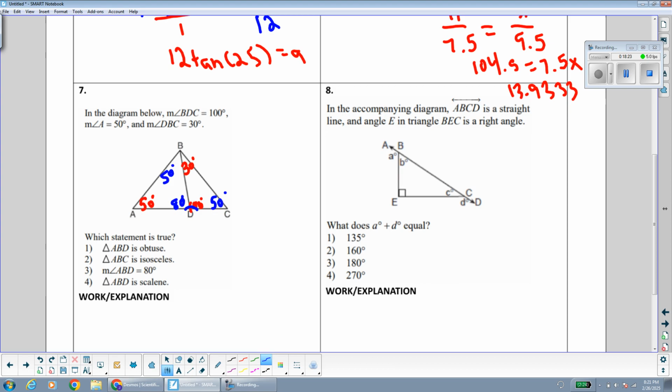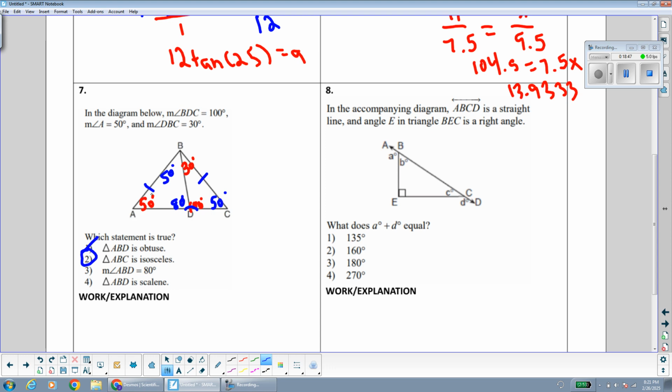So triangle ABD is obtuse. No, it's not. There's no angle greater than 90 degrees. Triangle ABC is isosceles. Yeah, it is. It's got two equal angles, so it's got two equal sides. Measure of angle ABD is 80 degrees. No, it's not. It's 50. And triangle ABD is scalene.